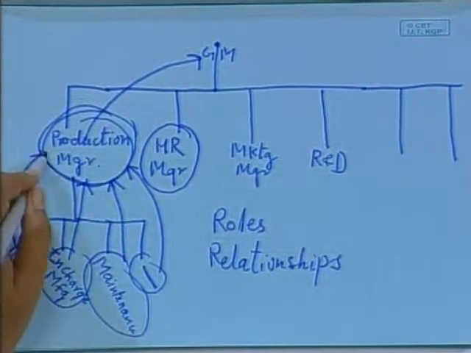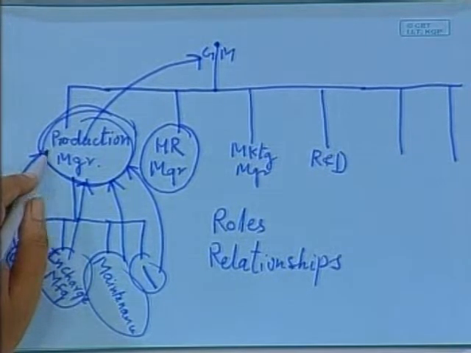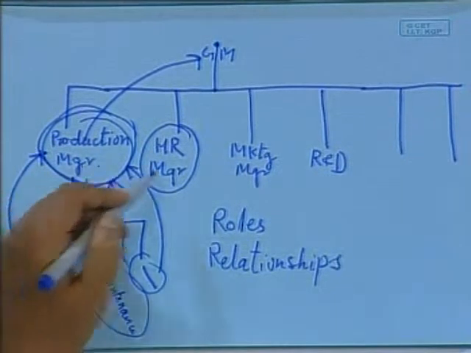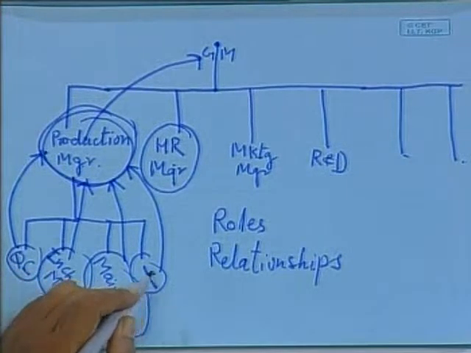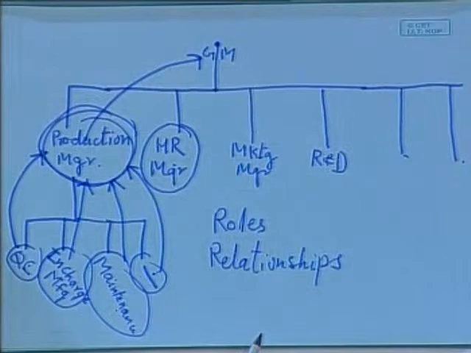The person who is going to work here is going to perform the role of a production manager, isn't it? So, first you develop a structure and then you put a person on each of these roles, here, here, here as well as here. So, at every place you are going to put one person in charge, isn't it? Got the point?